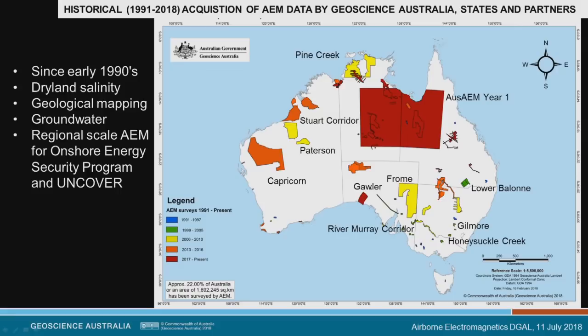I've been part of half of it, potentially, but we are seen as an agency that is pioneering a lot of these techniques worldwide, and we are constantly being consulted in other countries about how we're going about it. Just a few of you would be familiar with the first ones that were for mapping salinity, then the onshore security programs, which are the yellow ones.